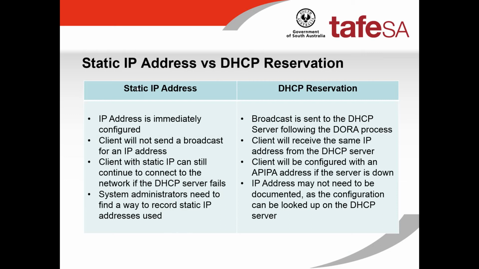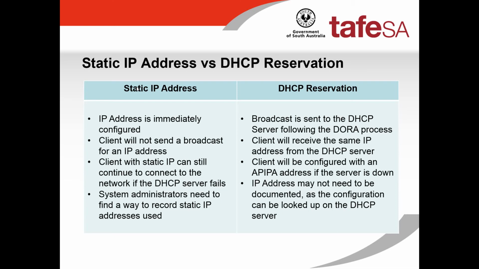For example, computers that boot up while the DHCP server is down will not be able to connect to the network. However, users already on the network or PCs with a static address will be able to continue to access their files on the file server and authenticate against the domain controller.